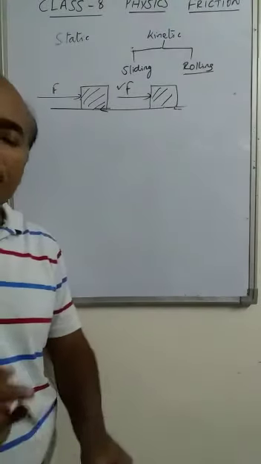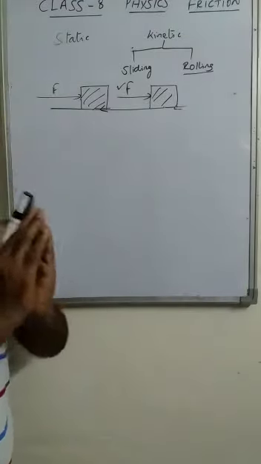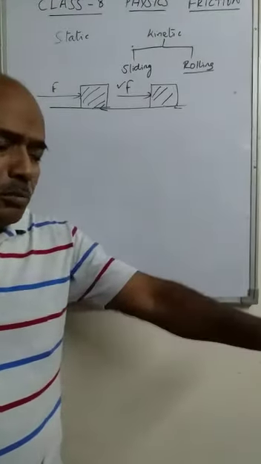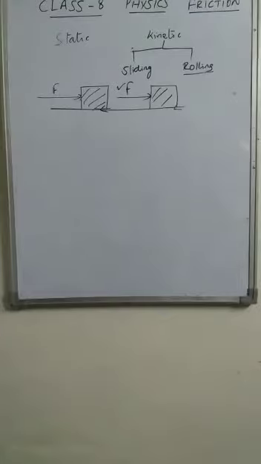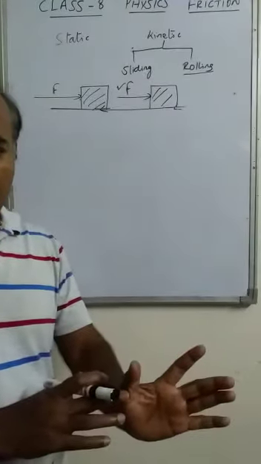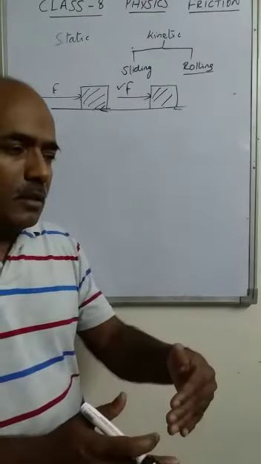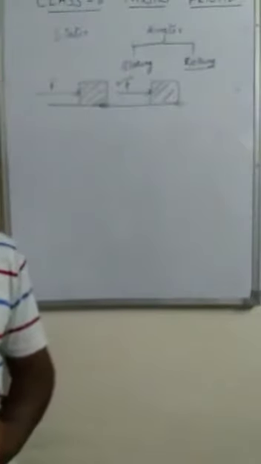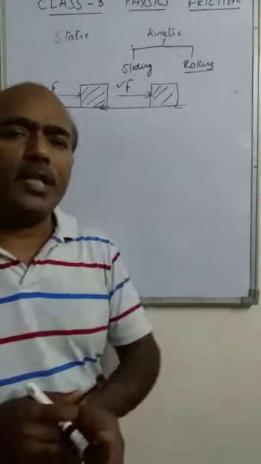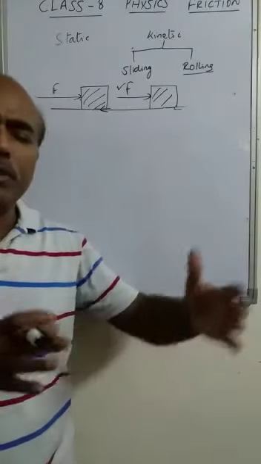Rolling friction is least means whenever we want to move any object, we want to pull the table, pull the chair, move the ball, or move the cylinder in our house. Many activities we do in our surroundings, in which objects are moved from one place to another.